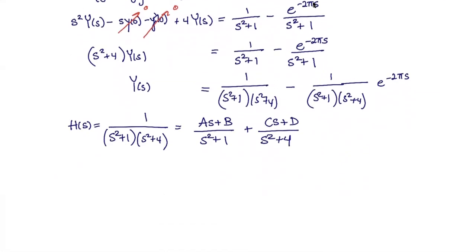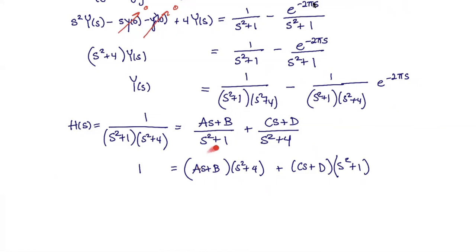Multiply both sides by the greatest common denominator so that you get 1 is equal to as plus b times s squared plus 4 plus cs plus d times s squared plus 1. And at this point, I feel like we're professionals at this. We've done this now for many examples.